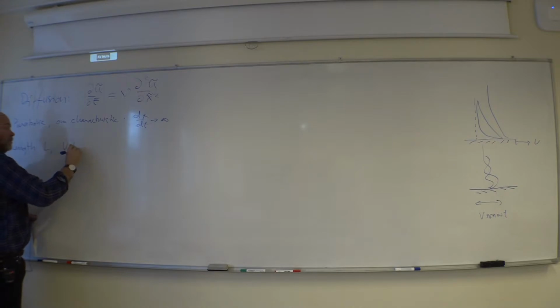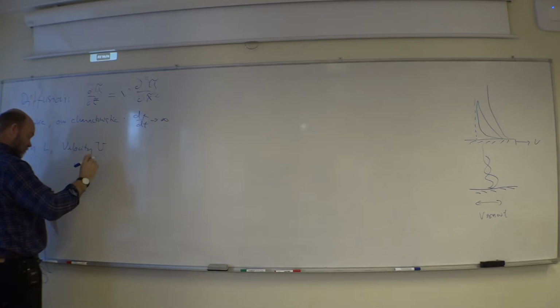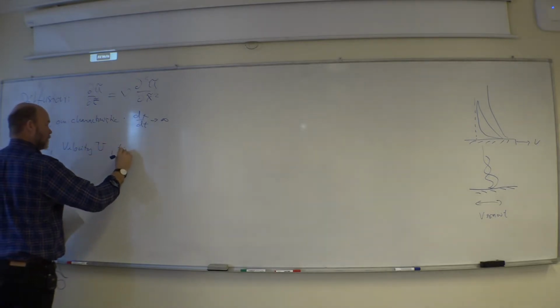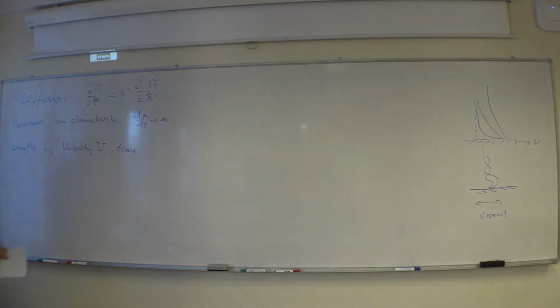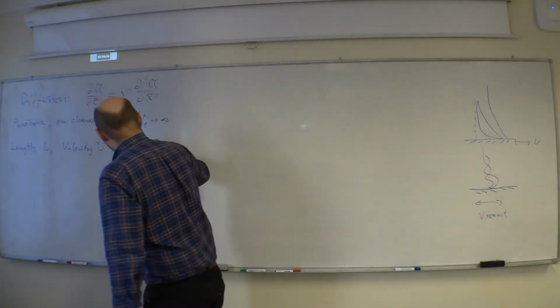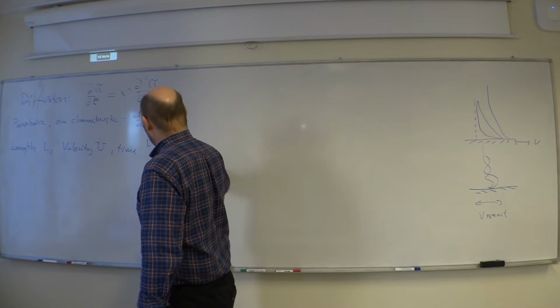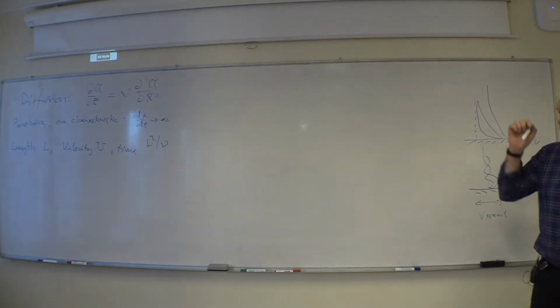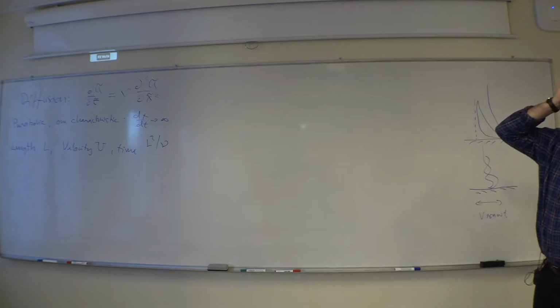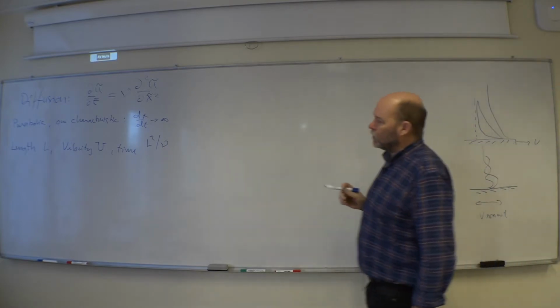Velocity scale. So there I just used a big U. And then the time scale. And then we choose the viscous time scale, length squared by kinematic viscosity. Kinematic viscosity had dimension meter square per second. So yes, we will have something with time when you do it like this.